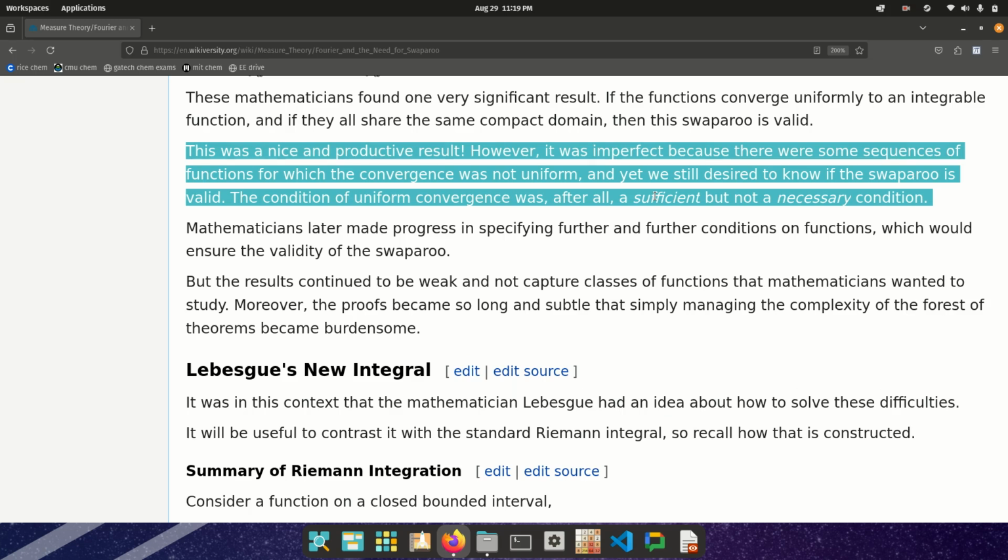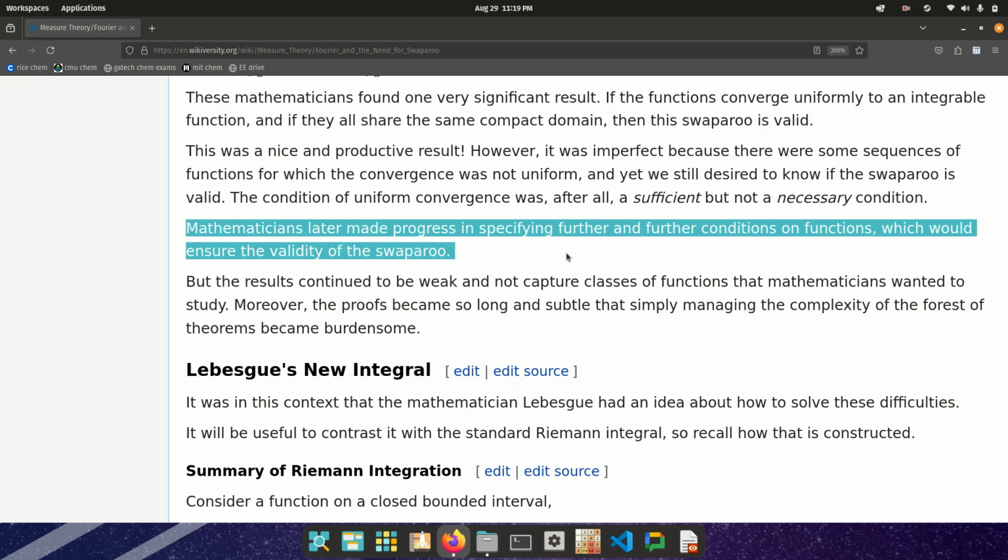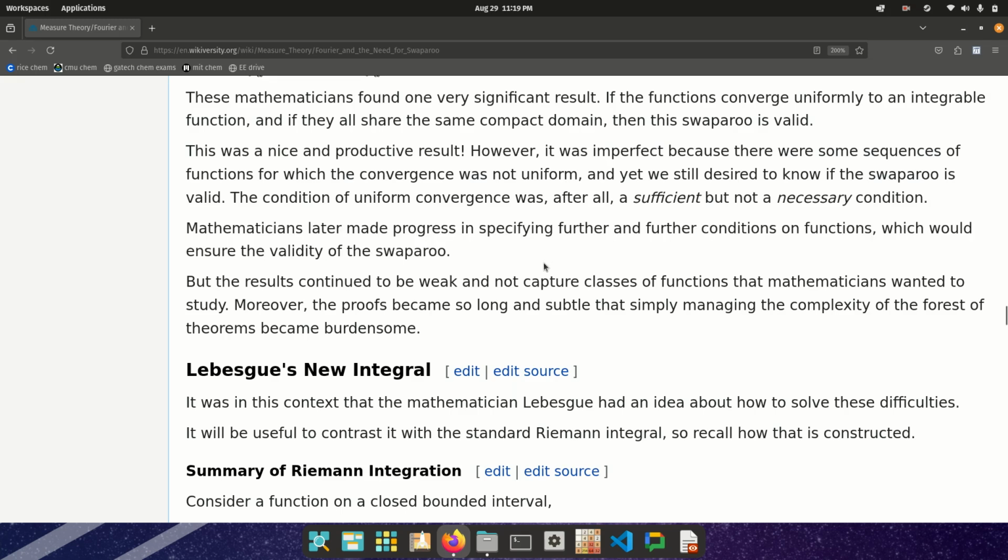So this became a real cottage industry of mathematics, to push this theory further and to find further conditions besides just uniform convergence that a sequence of functions could satisfy and still justify the interchange of limit and integral. But it got really hard.